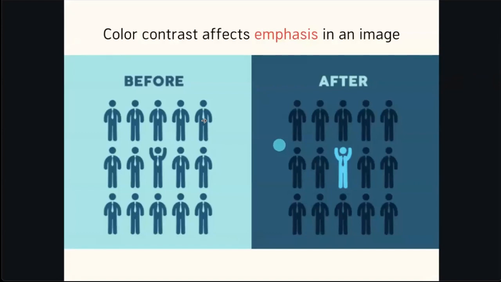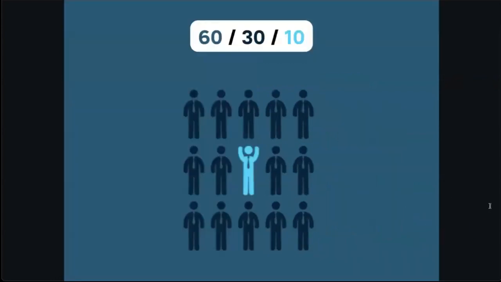Color contrast also affects emphasis in an image. It can really bring your eye in. Then there's the 60-30-10 rule. Again, another design rule that's good for emphasizing key elements, for visual balance, and for keeping things simple and consistent. The primary color takes up 60% of the space.